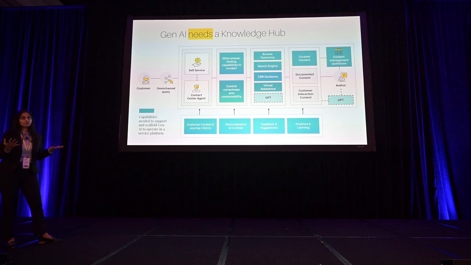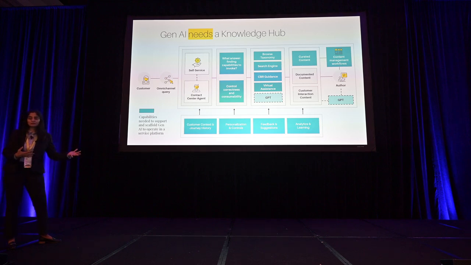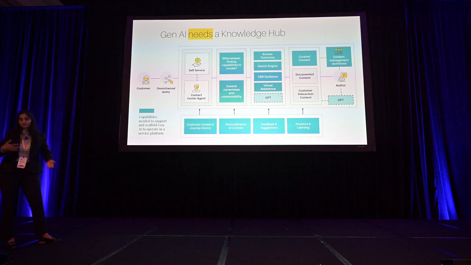If you just throw a set of emails that were written by agents at a Gen AI prompt, saying, can you take these transcripts and generate a response to this email that I'm getting from a customer, it is not going to do a good job.